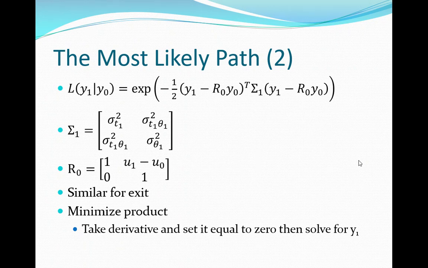And so it's -1/2. If you look at this, we've got a term, and this is for matrices. So I've got a linear term times the same exact one, the transpose. That's your square term on top. And then you have this spreading, or standard deviation, matrix, which if you look at it is all squares of standard deviations. So the basic form, written into vector form, is e to the -1/2, thing on top squared over thing on bottom squared, and the thing on bottom squared is a standard deviation.